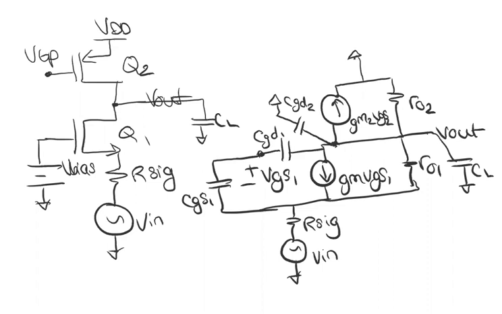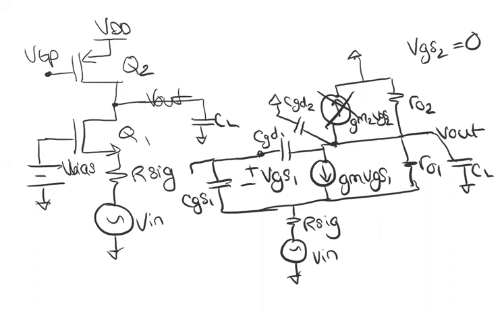The gate to source capacitor disappears in Q2 because the gate and the source are both ground. And VGS2 of transistor Q2 is 0 volts because again, the gate and the source are both AC ground. So GM2 VGS2 actually goes away. We've done this in a low frequency small signal analysis before.